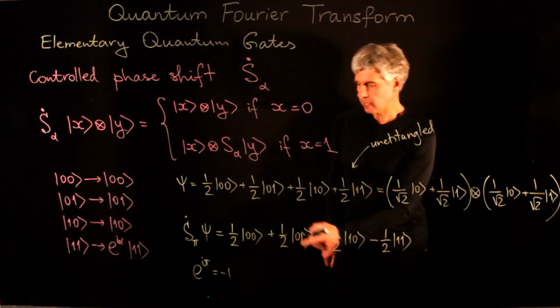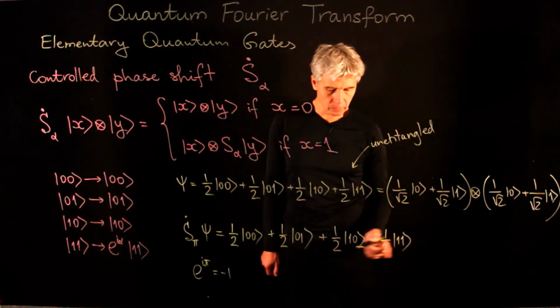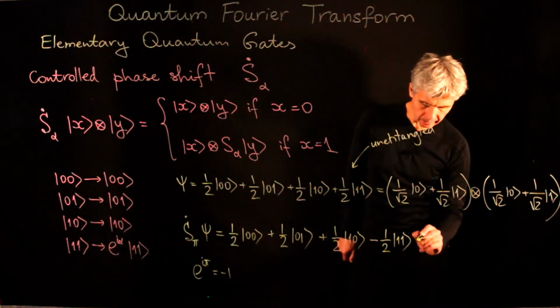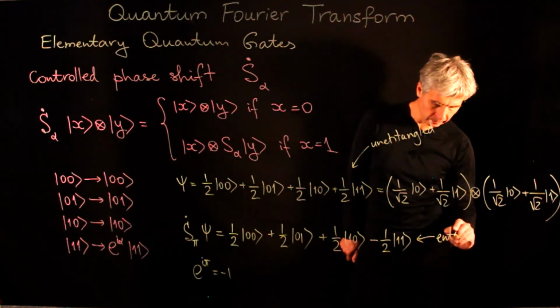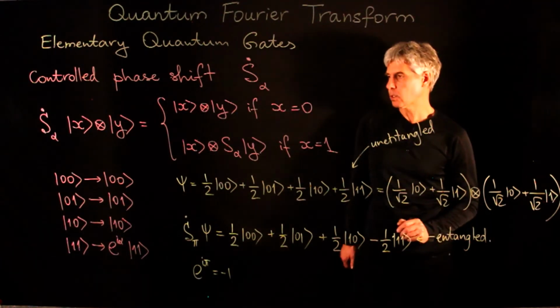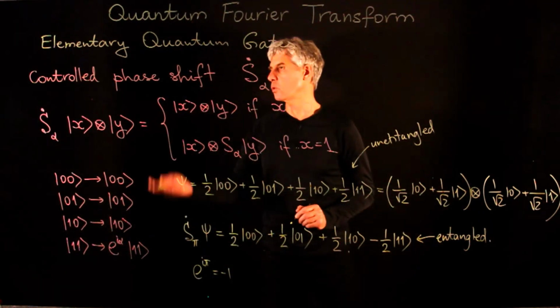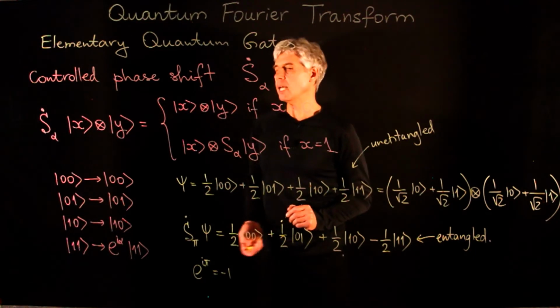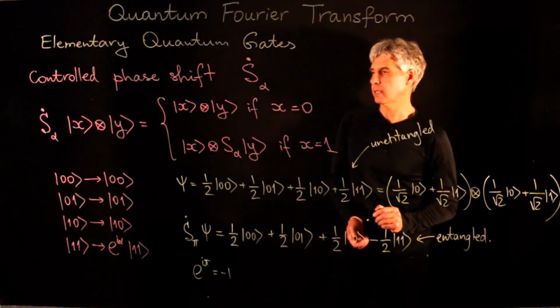And now it is possible to verify that this state is already entangled. So this 2-qubit elementary quantum gate can create entanglement.